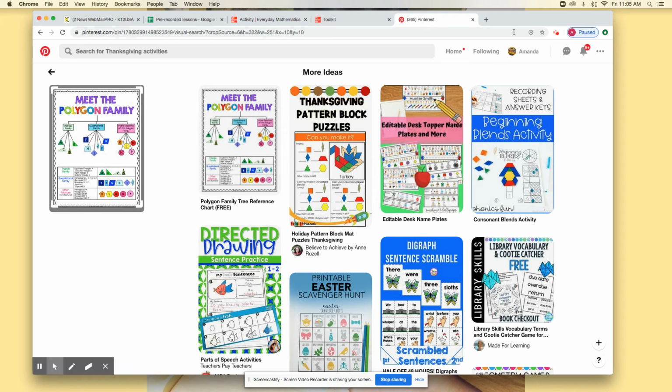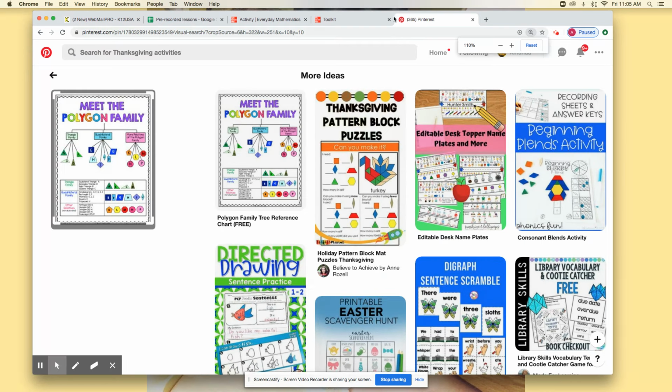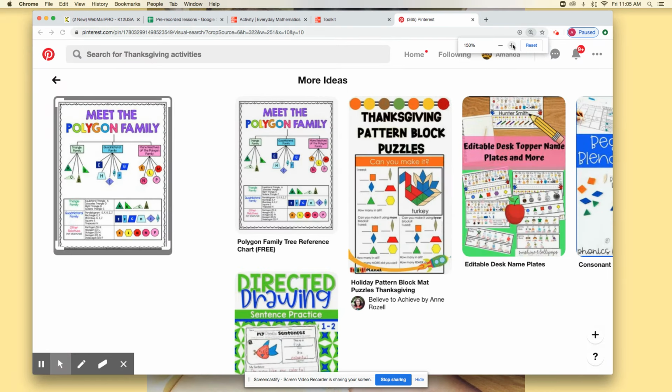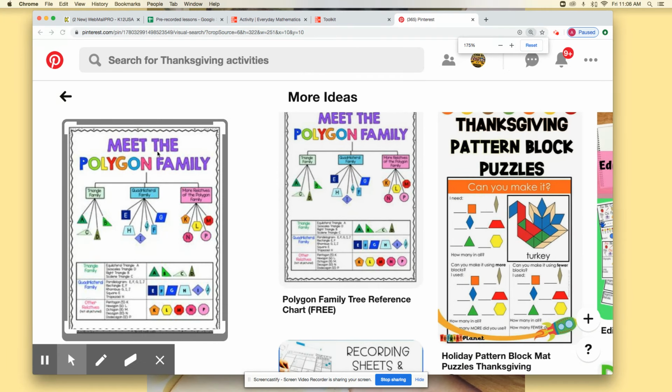I pulled this up here, and I'm going to make my screen bigger so we can look at this one right here. Meet the polygon family. A hierarchy is kind of like a graphic organizer of shapes. At the top would be polygons, and then you could break it down into categories and then subcategories. For this lesson, we're focusing on quadrilaterals.